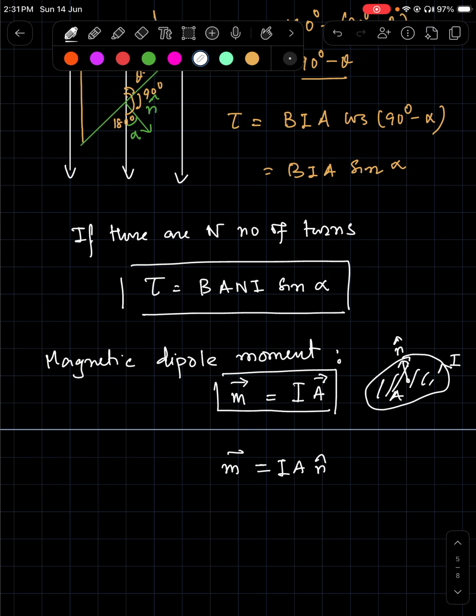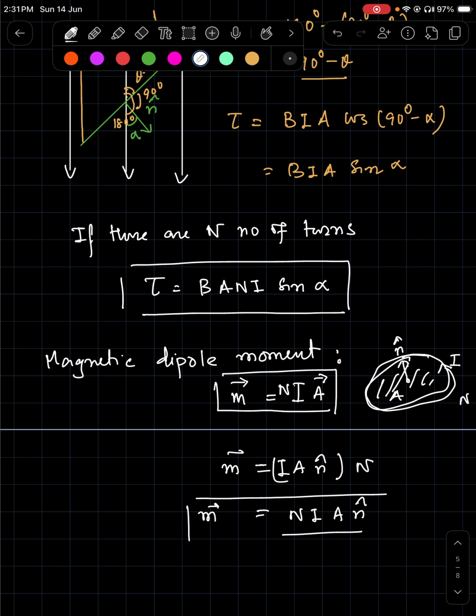If there are n number of turns here, then you have to multiply the whole thing by n, because the total current is NI. So the magnetic dipole moment is modified like this. Why am I telling this?